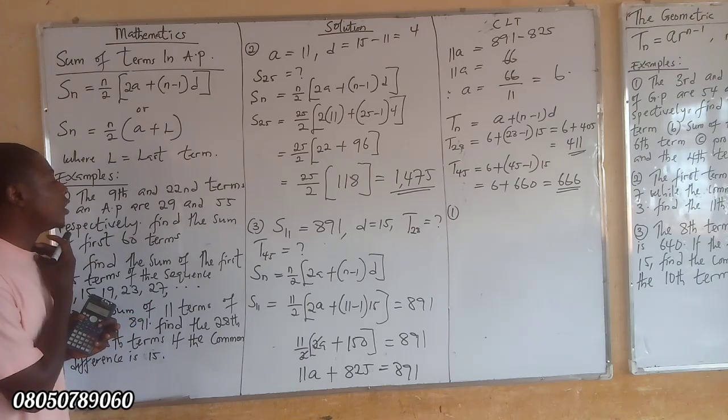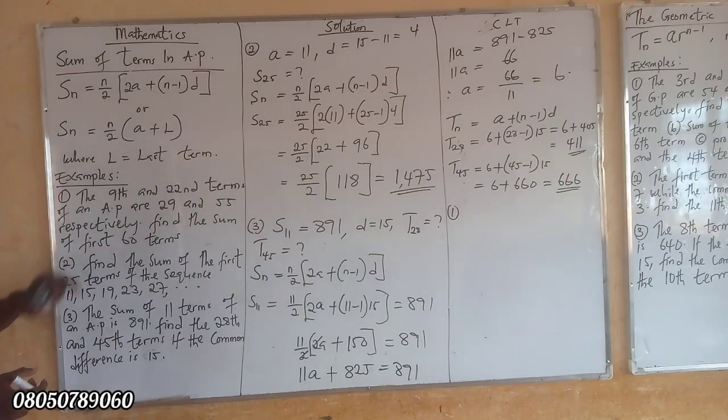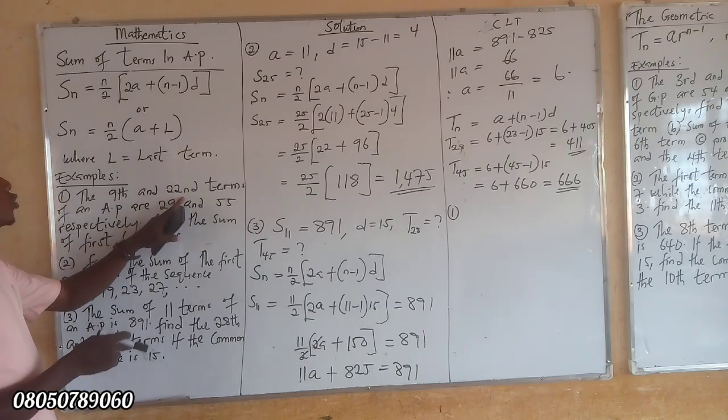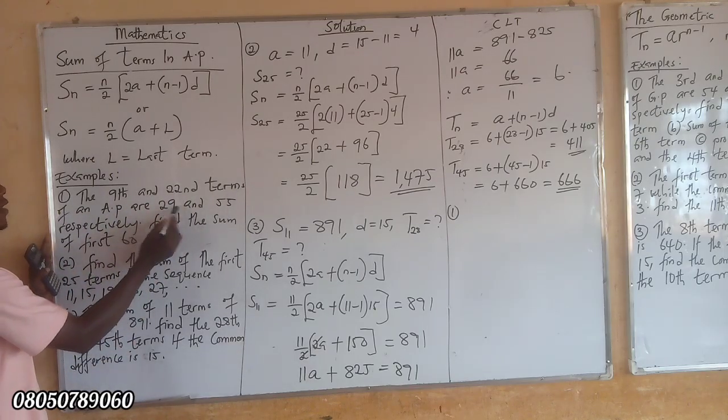Let's do it together. If you look at this question 1, you are going to agree with me that this question will lead to simultaneous equations. The 19th term and the 22nd term of an AP are 29 and 55 respectively.